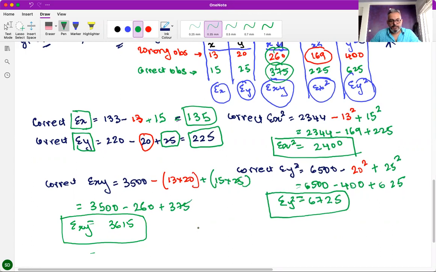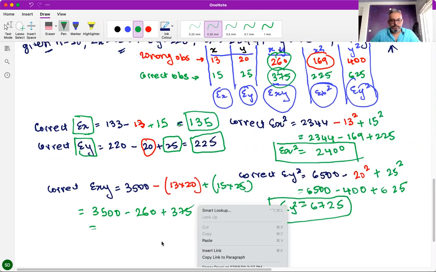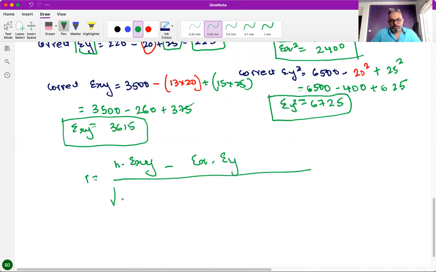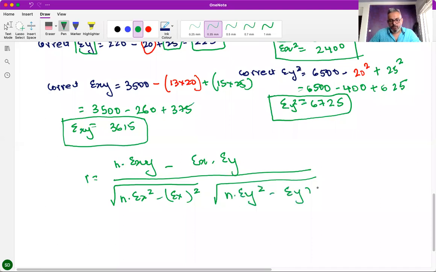Let's apply the formula now. Formula is R is equal to n sigma xy minus sigma x into sigma y upon under root n sigma x square minus sigma x the whole square under root n sigma y square minus sigma y the whole square. So let's do it.